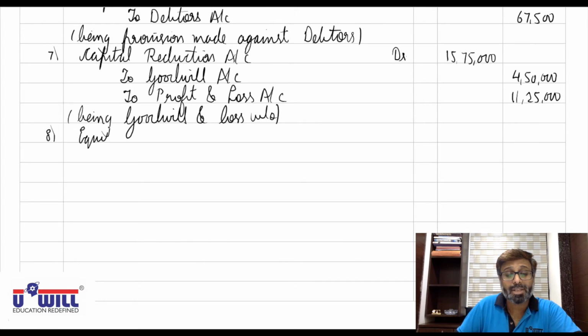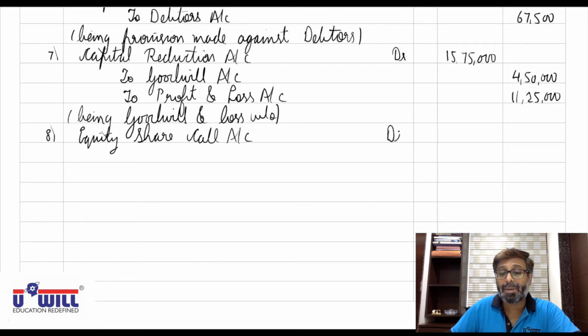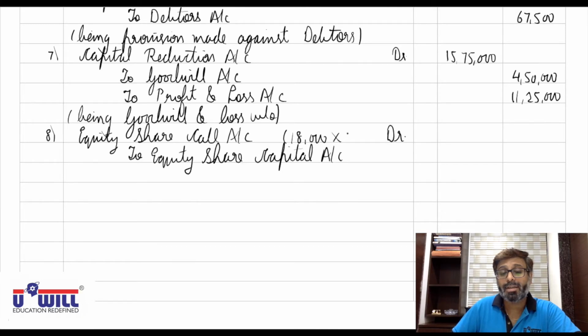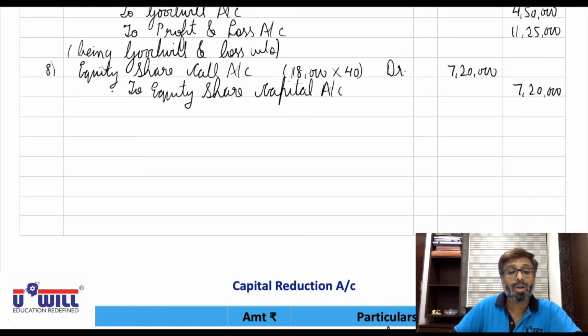First, equity share call account debit to equity share capital account, 18,000 into 40, 7,20,000. Okay, 40 rupees is called from all 18,000 shares, being call money due.